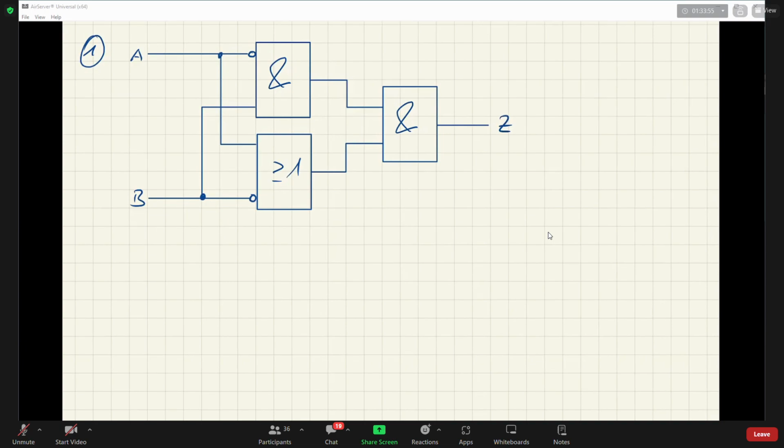So let's look into the expression here. The first one, at the upper part, is A not and B. At the lower part, we have A or B not, and they are connected with an AND to each other.